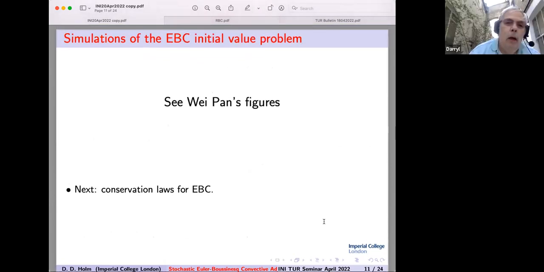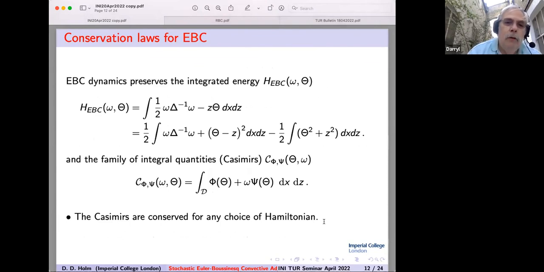Thank you. Okay, so we saw the wave pan figures. Now we're going to talk about conservation laws for ABC. The ABC dynamics preserves this integrated energy. Here is what the integrated energy looks like. It's kinetic energy plus potential energy. And when gravity is around, there's this minus sign.